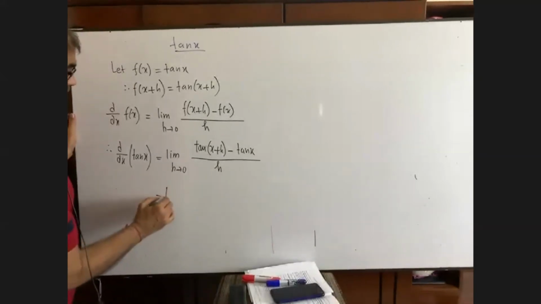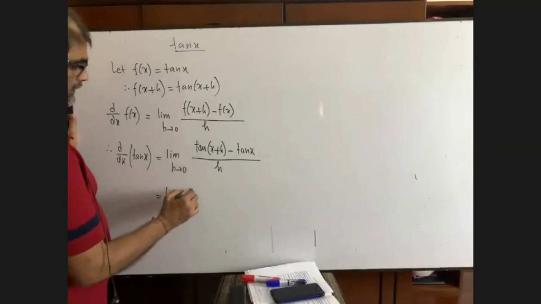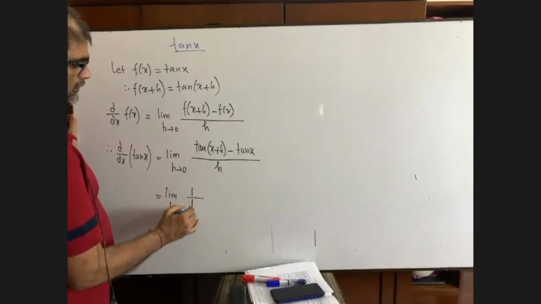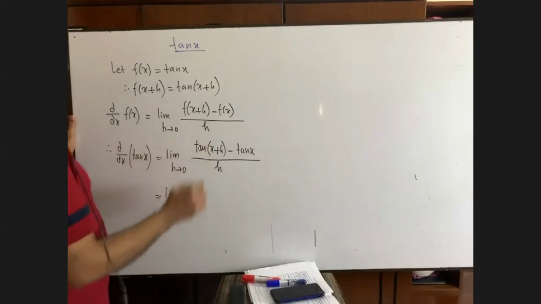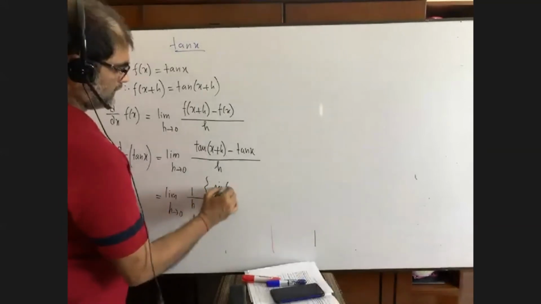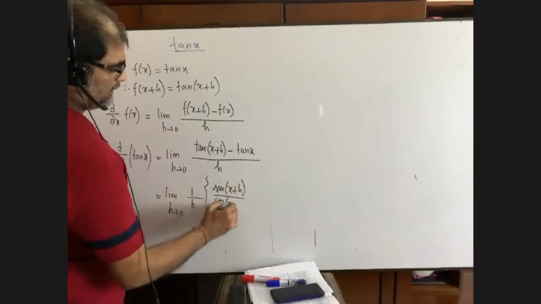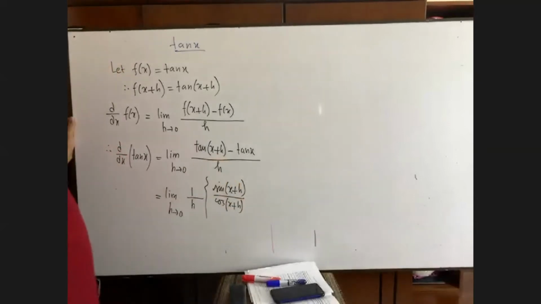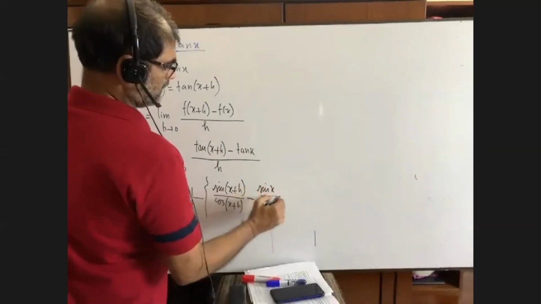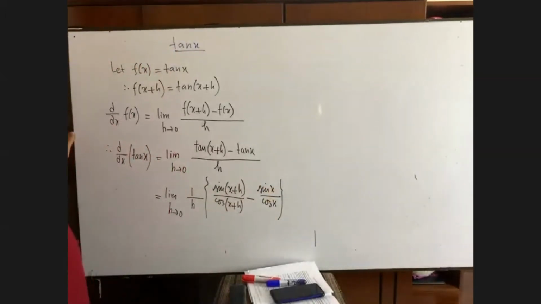You see, limit h tends to be 0, this is 1 by h. Now we can write it like this: sine x plus h by cosine x plus h minus sin x by cosine x. Let me know where you have failed to understand.